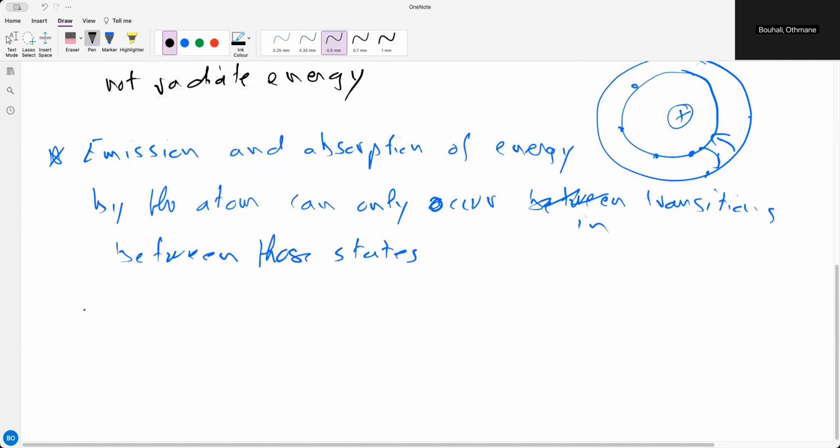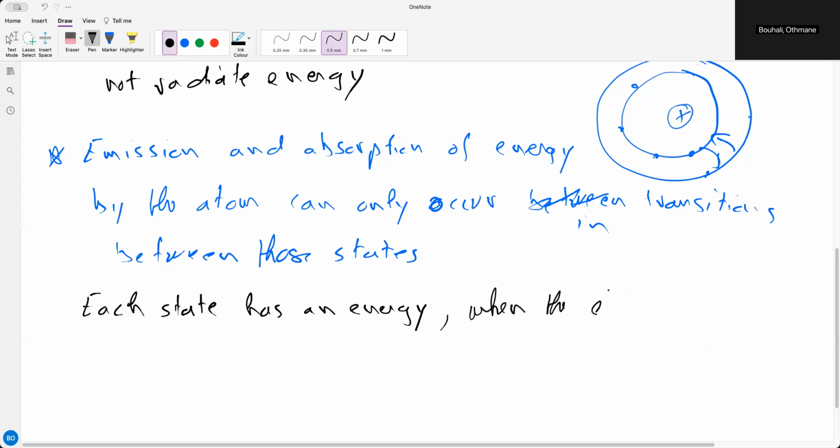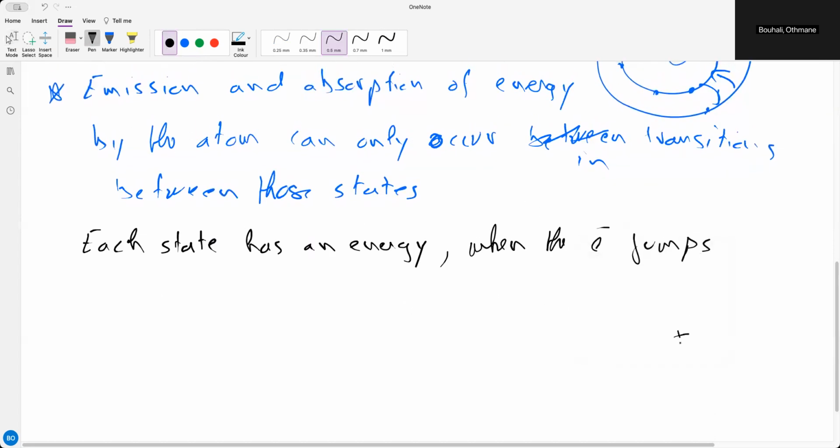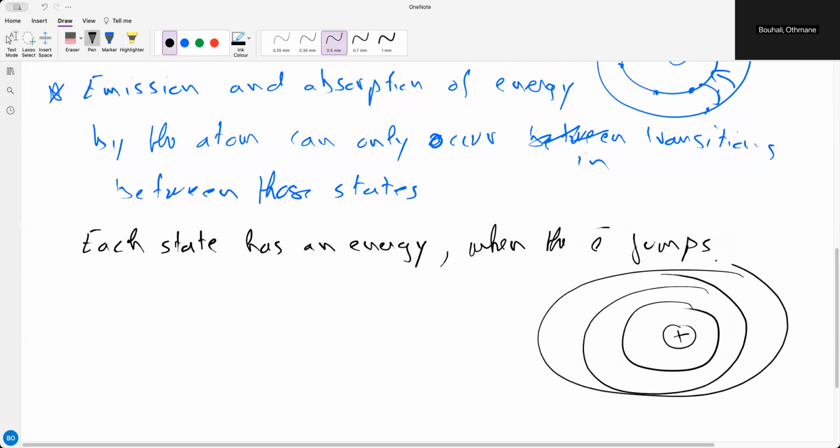He also said that each state or orbit has an energy, and when the electron jumps from one state to another state, let's say I have this positive charge, this is the negative, those are the orbits.